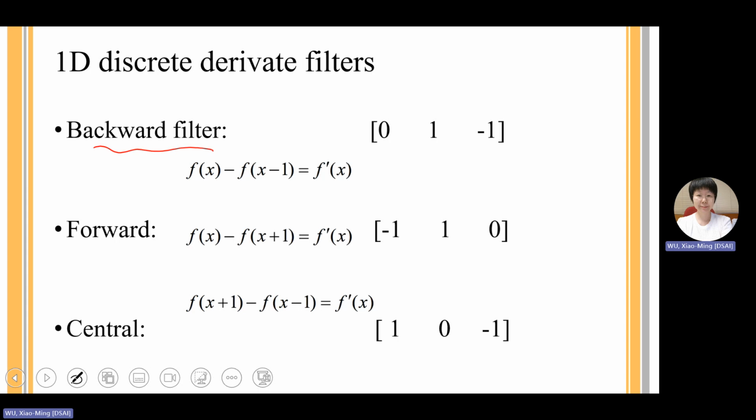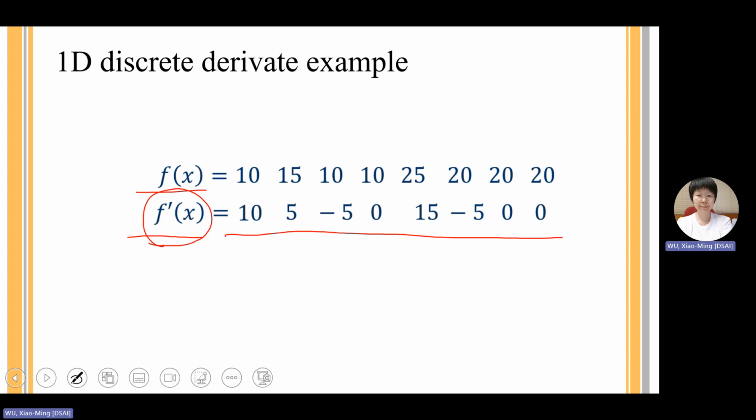The backward filter is subtracting the left pixel from the current pixel, while the forward filter is subtracting the right pixel from the current pixel. How do we obtain the derivative using the backward or forward filter?